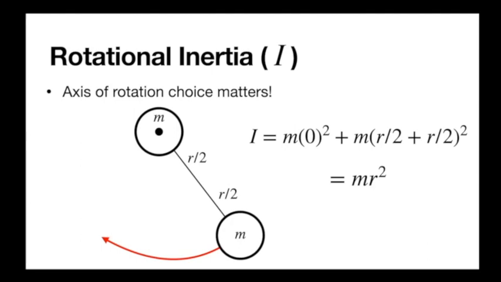But really this object doesn't exist at one point, right? This piece of the chair has a different distance from this piece of the chair. So really, in reality, we'd have to integrate or really just add up every little individual atom to see how far each one is, in this very complex mass distribution. But yeah, you're never going to have to do that.